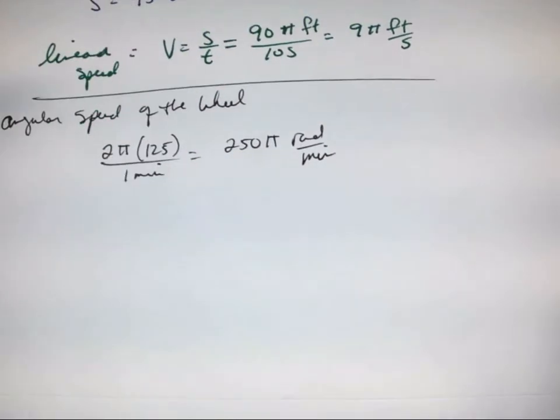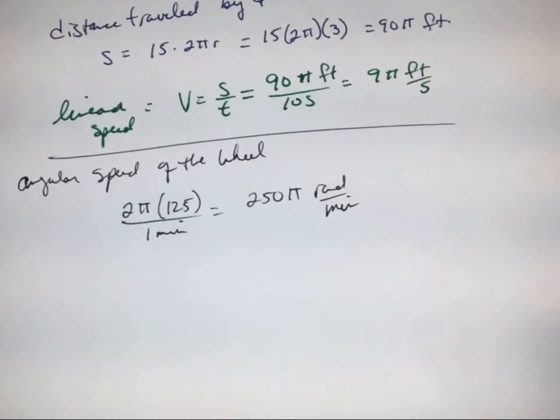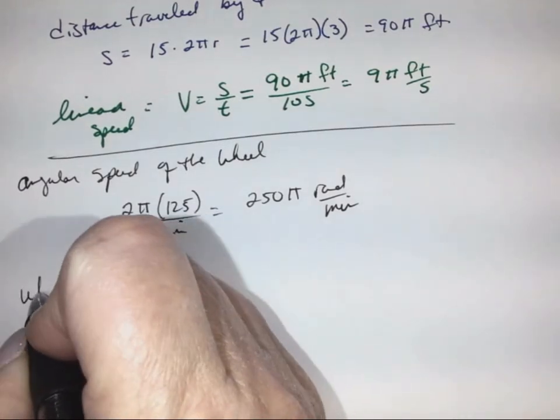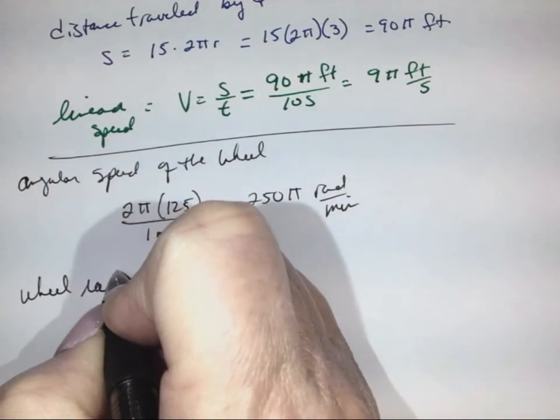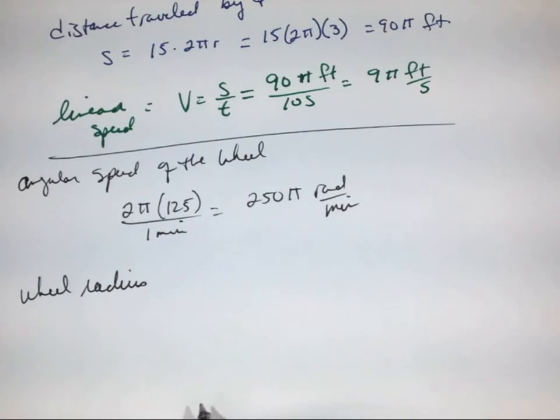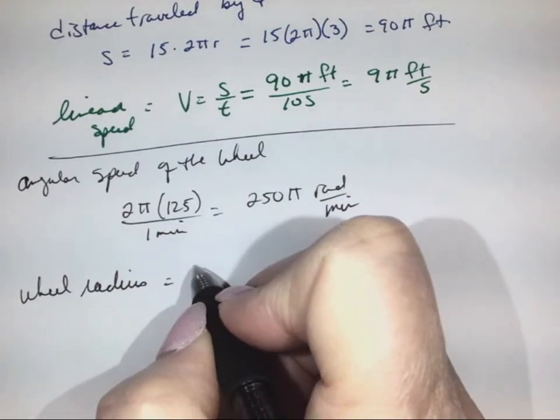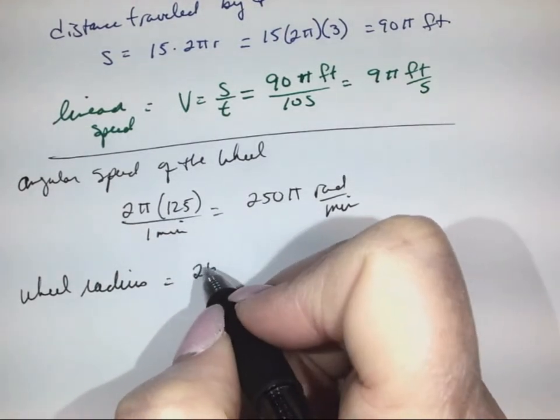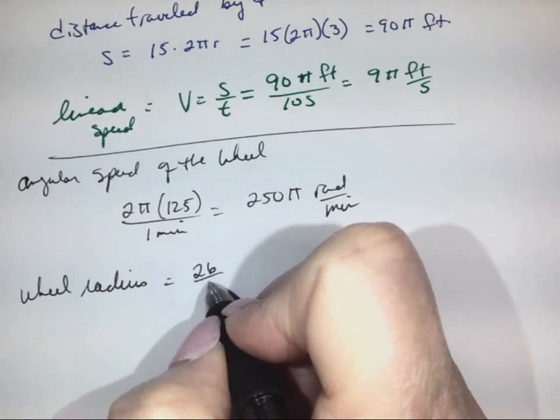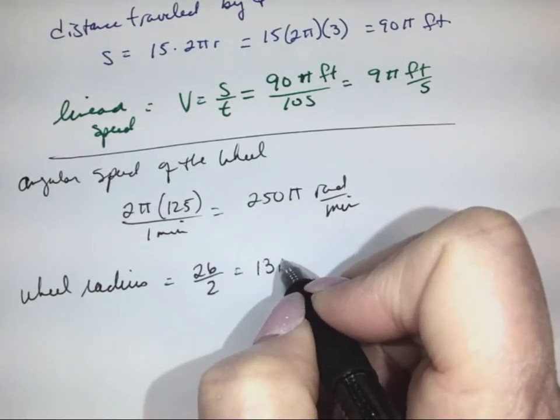Now the wheel radius, we've got to find the wheel radius. They gave us the diameter, and the radius is going to be half of the diameter. The diameter was 26 inches, divided by 2 gets us 13 inches.